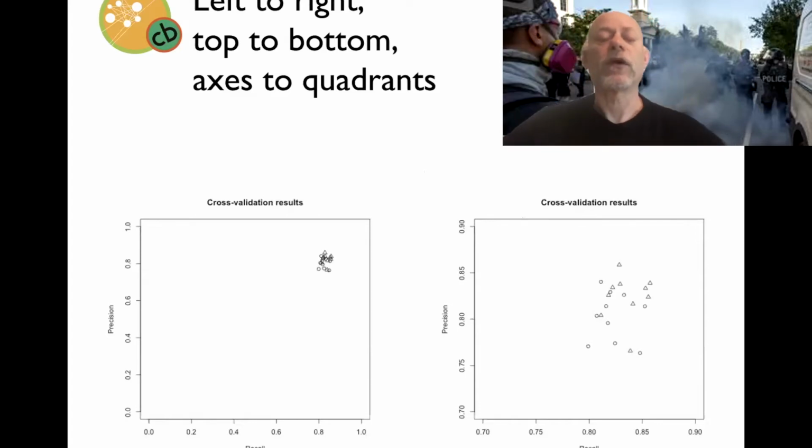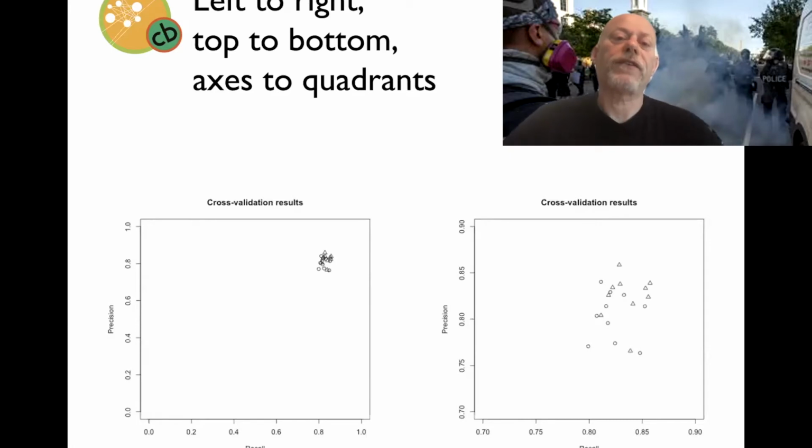That's great. You want your y-axis and your x-axis to cover the full range of values for that metric, and the range of values for precision is 0 to 1.